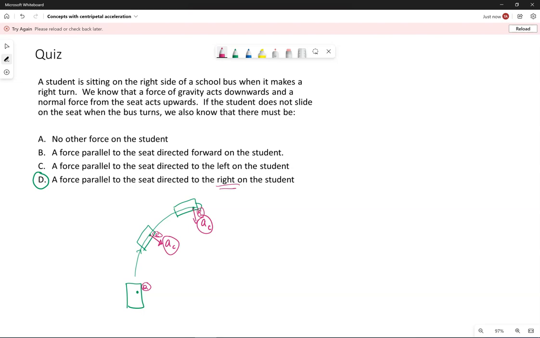Our body wants to continue moving in a straight line, but the car, the seatbelt, the seats, the door of the car, it's not allowing us to keep moving in a straight line. And so we get pushed into the side of the car. So in this section, we don't want to really look at what we would feel per se in determining the answers here. We have to be an outside observer to accurately account for things.